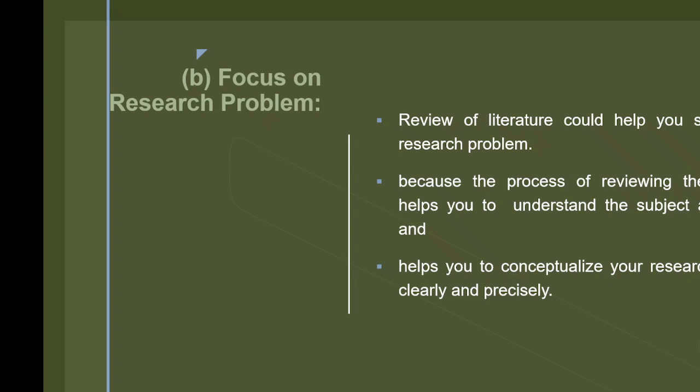So this is one important advantage: when you study the previous literature, what are the things they have observed, what are the things they have analyzed, how many species they have collected, all these will give you a better idea to approach your work in a better way. So that is the advantage of going thoroughly for a literature review. It helps you to improve your research work in a much better way.